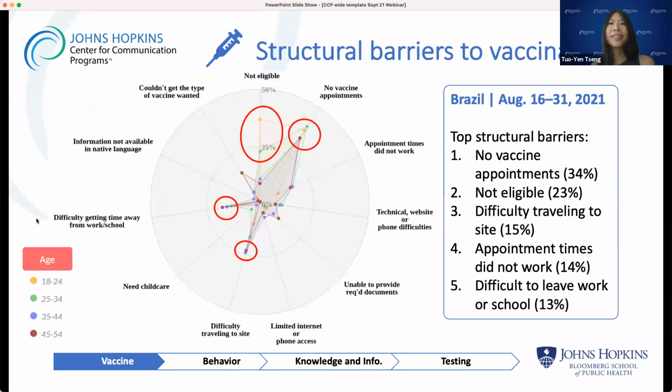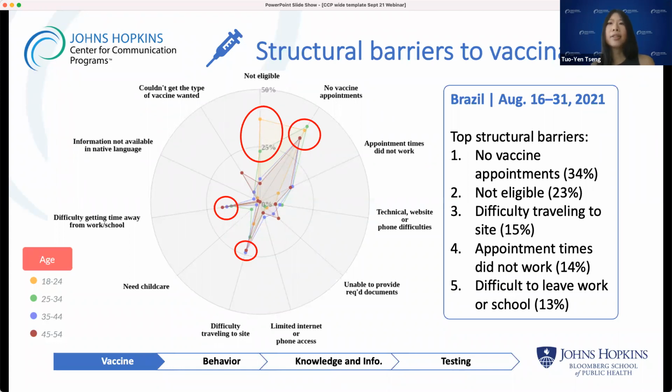On this slide is a spider chart showing structural barriers to vaccination experienced by unvaccinated participants who wanted to get a COVID vaccine, meaning those who said they would definitely or probably get vaccinated and actually tried but hadn't succeeded. This graphic is called a spider chart because it looks like a spider's web.